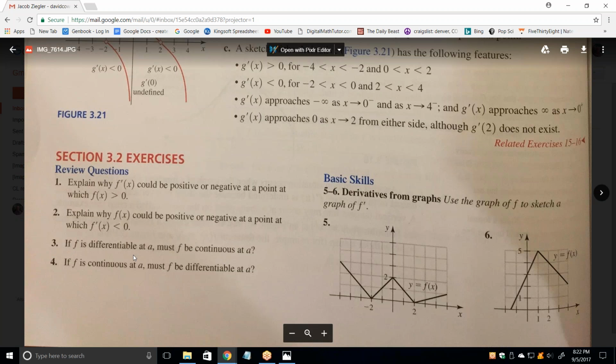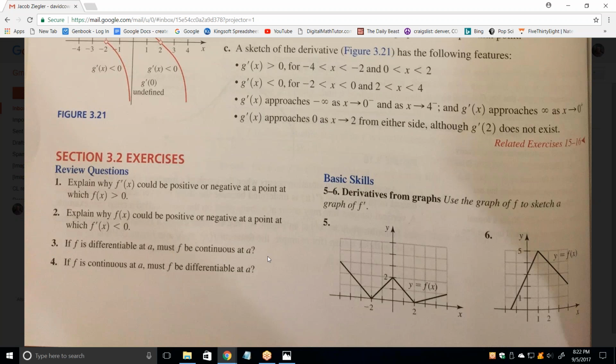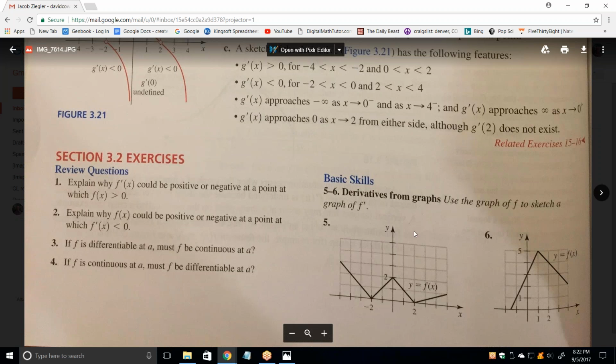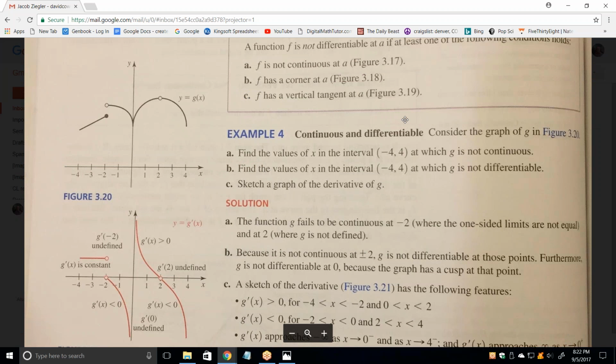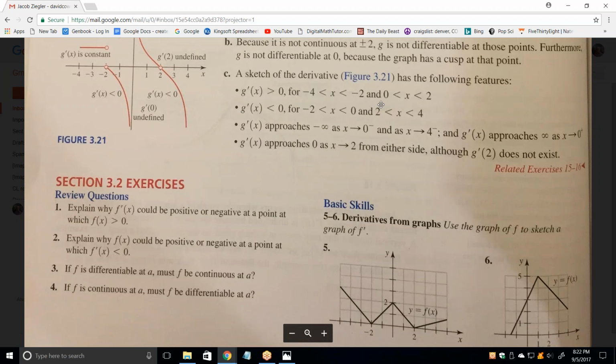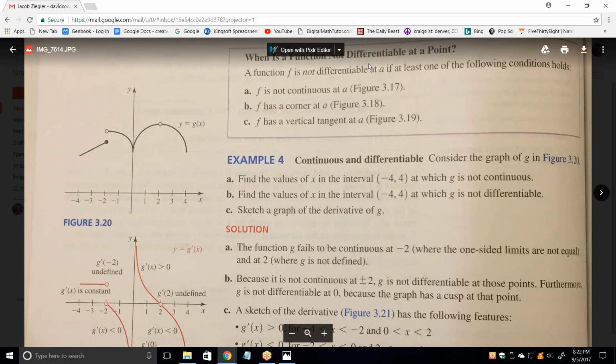If f is differentiable at a, must f be continuous at a? True or false? Yes, true. Because of these three rules that they gave you, these three rules at the top.